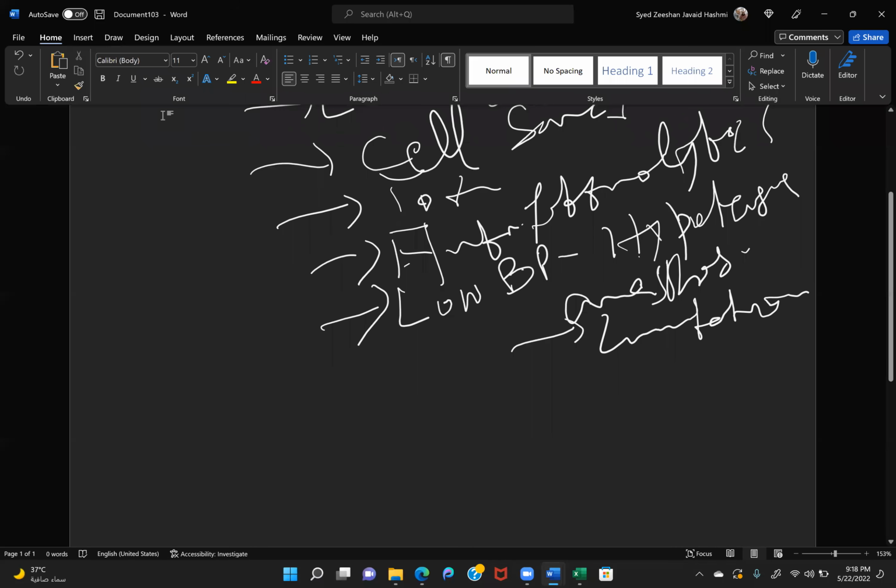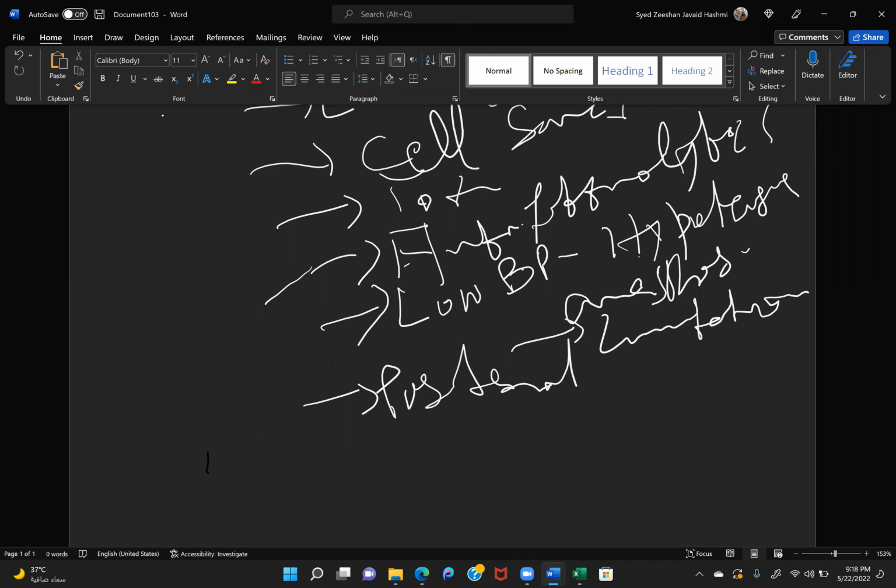So: hypotensive anesthesia, antifibrinolytics, positional strategies. And remember, this is for all residents: if you memorize these things, this is a chunk of your anesthesia management. In any bleeding patient, you can have the same thinking in your mind.